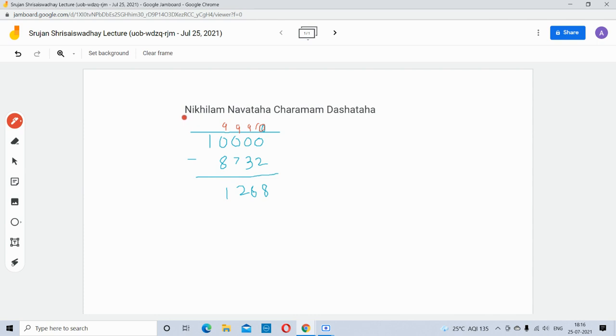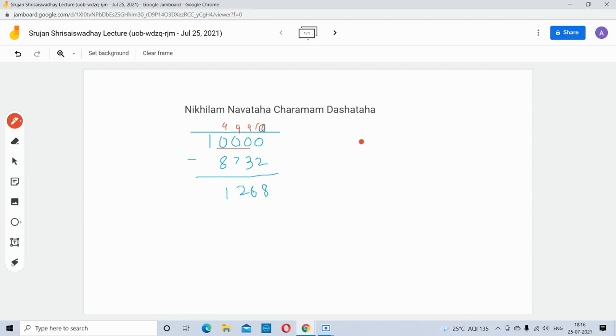So the meaning is Nikhilam Navatah, Charamam Dashatah. The rest of the figures you are going to subtract from 9, and the unit place you are going to subtract from 10.